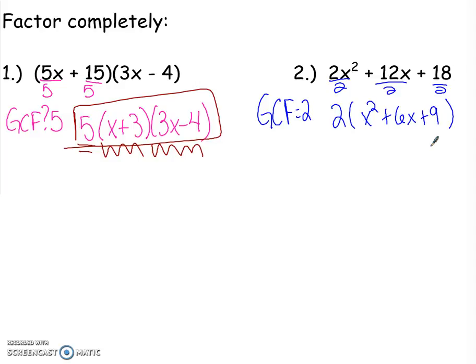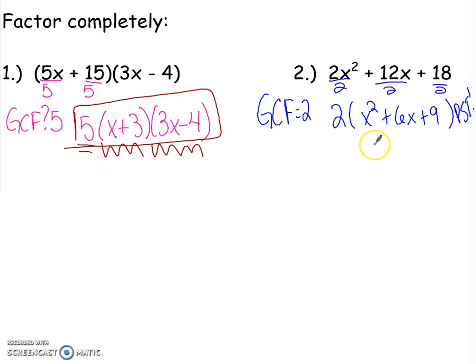Oh, x squared is a perfect square. Yep. 9's a perfect square. Yep. So is the middle term twice the square root of each? Yeah, because the square root of x squared is x, the square root of 9 is 3, 3 times x is 3x, times 2 is 6x. This is a perfect square trinomial.